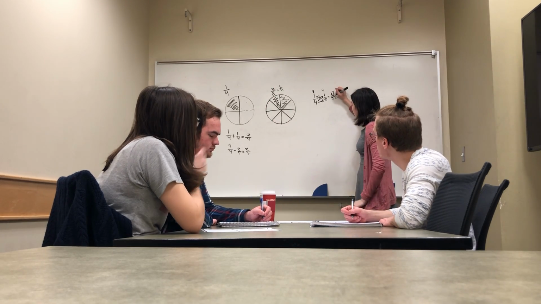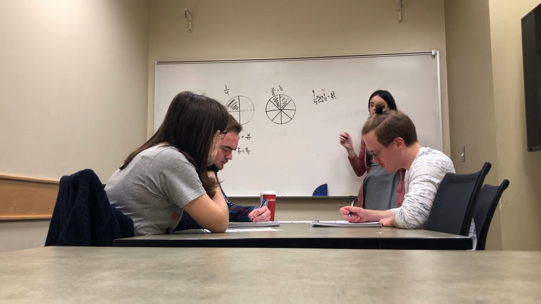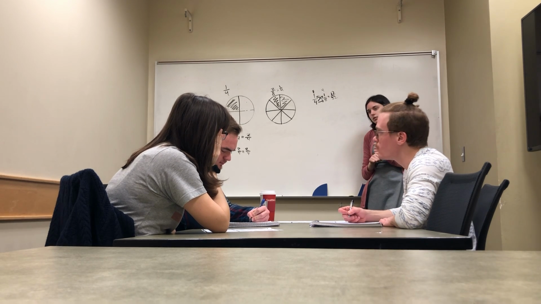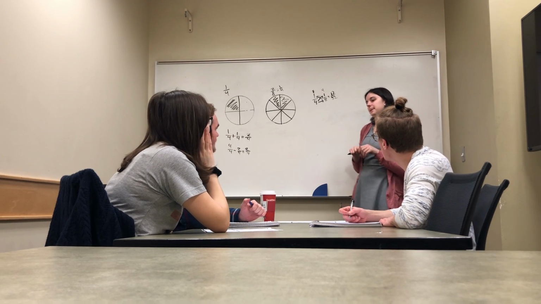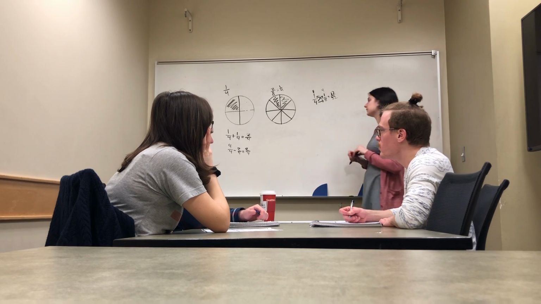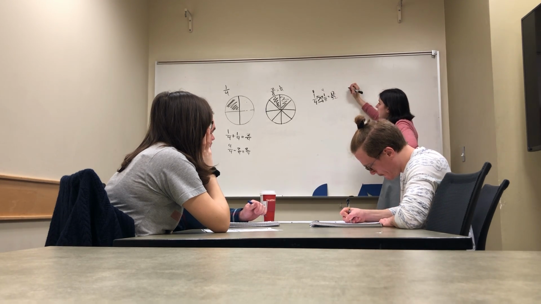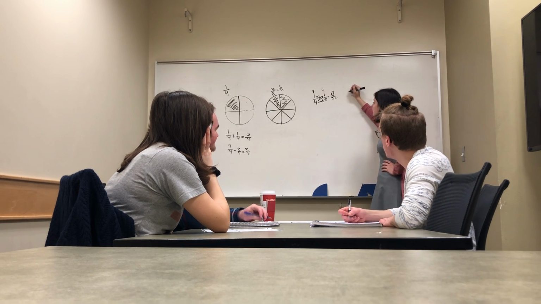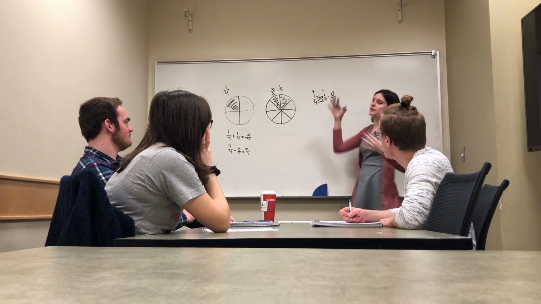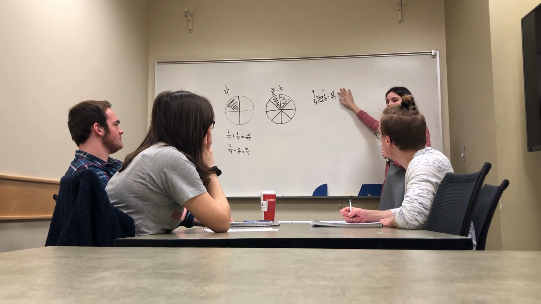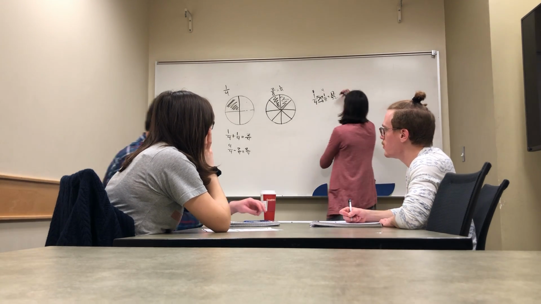So with this 12 over 32, could we simplify that a little bit? How could we simplify that? We could divide each number by 2. Perfect. But could we simplify it more than that? So what's the greatest number that we can divide both of these by? 4.